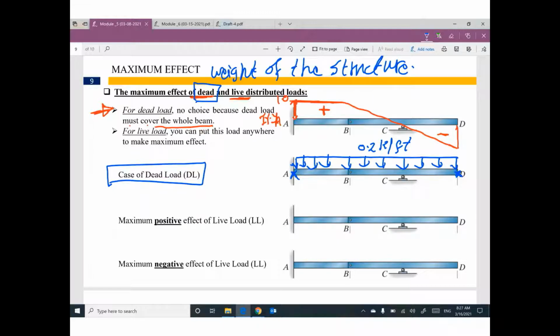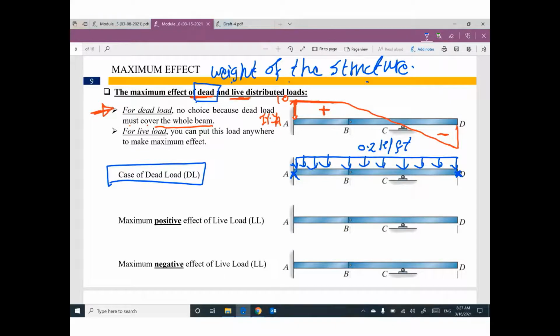Your dead load must cover the whole beam. Do you know why? I explained it. Because dead load means the weight of the structure. If you have a structure, you must have weight. And the weight of any body cannot leave the body.